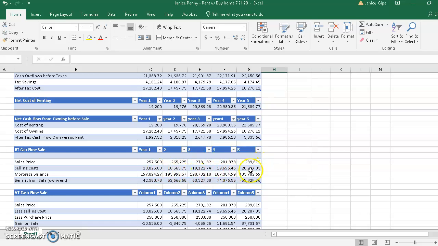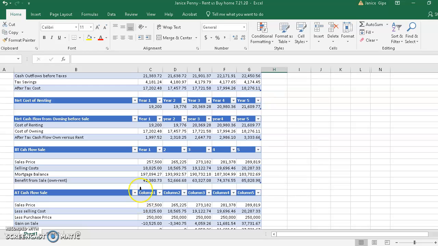You just multiply 0.07 to get this number. And then the mortgage balance, which is this balance, again, you would not take off the full amount of your payments per year. You would only subtract the principal payment that you made, not the interest, because interest payments do not reduce your principal.